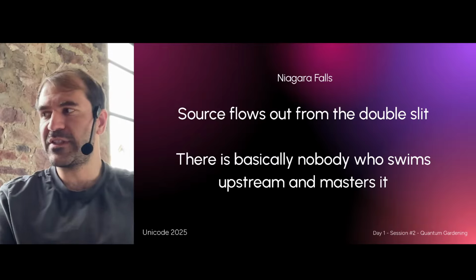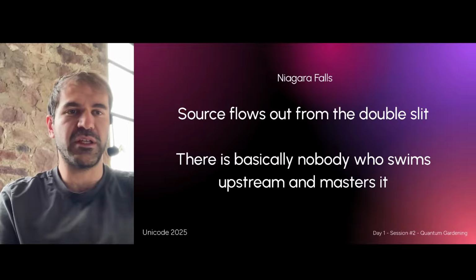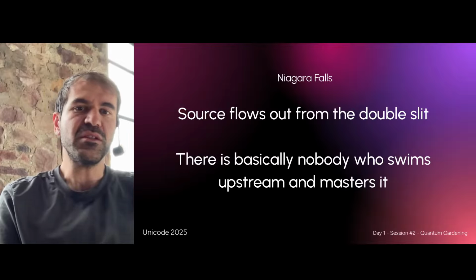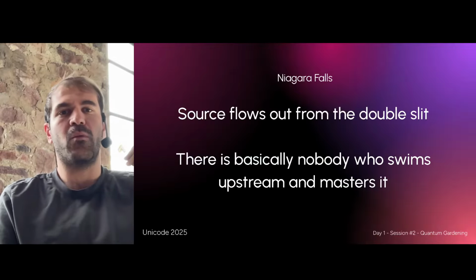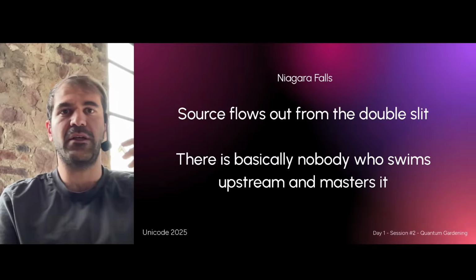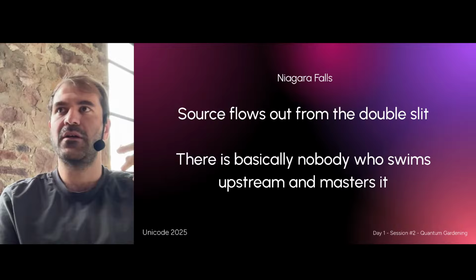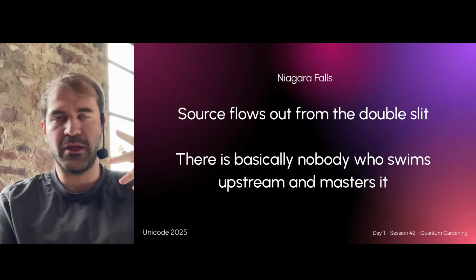So we're actually saying that the source is flowing out from the double slits, and it's also intaking what is flowing out at the same time. So flowing out and intaking it, rendering it and consuming it, rendering it and experiencing it.